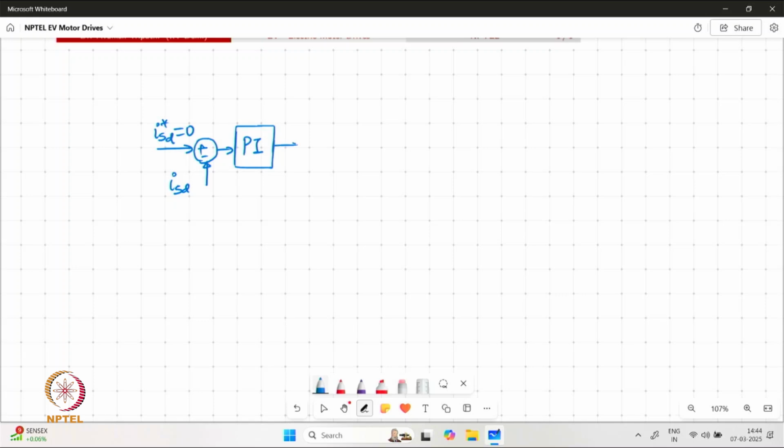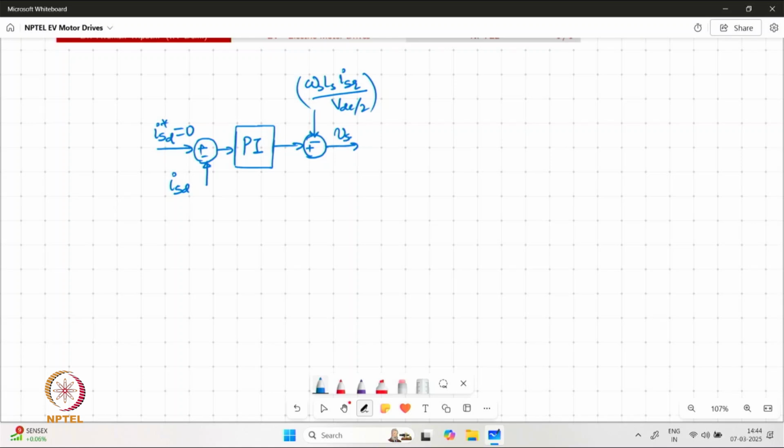Error is fed to the PI controller, and then we have the output of the current controller generated over here, which is once again corrected through the feed forward term, which corresponds to the cross coupling.